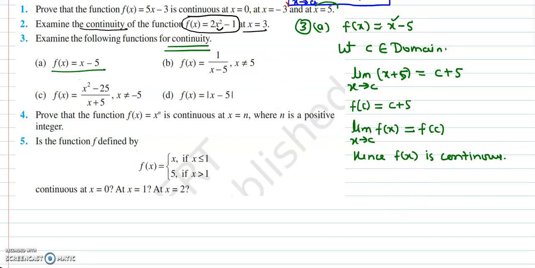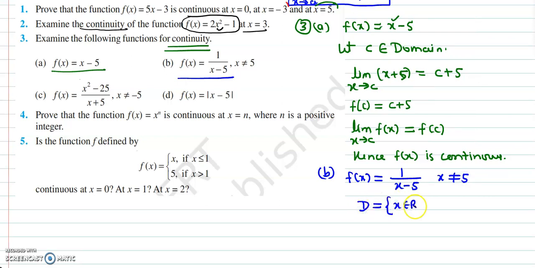Now question part B is f of x is equals to 1 over x minus 5, and x is not equals to 5 means its domain of the function is x belongs to real number and x is not equals to 5, or simply you can write domain is real number minus set containing 5, you can write.